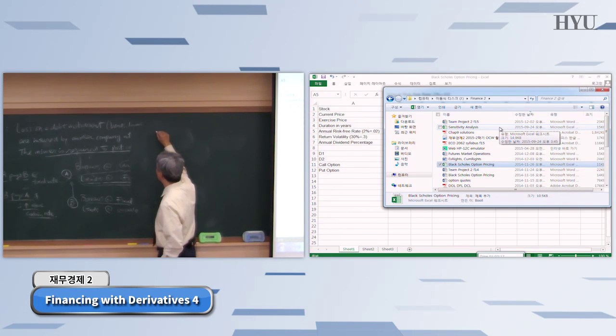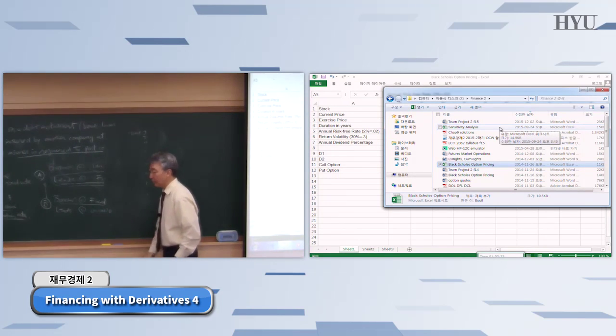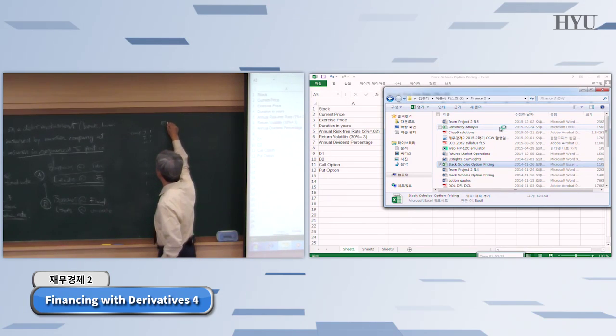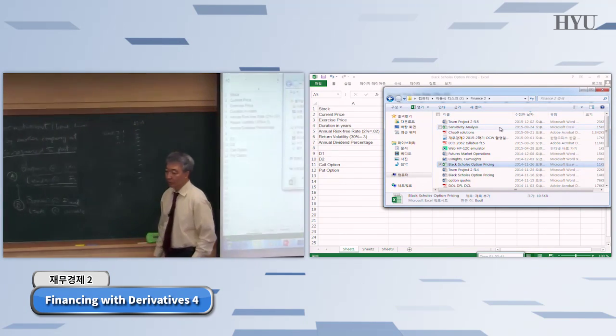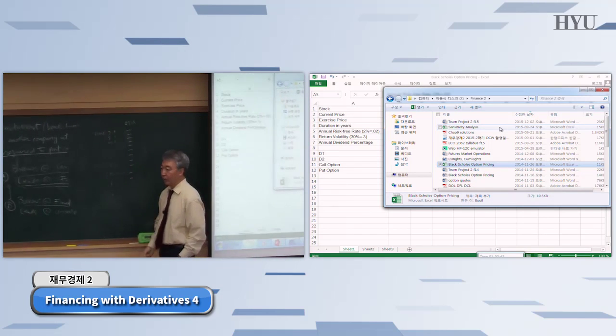Say 2008, January, February, March. But you have to specify the date, either January 1st, I guess the 1st would be good. First day, and say AT&T stock price, closing price. So those are monthly closing prices.